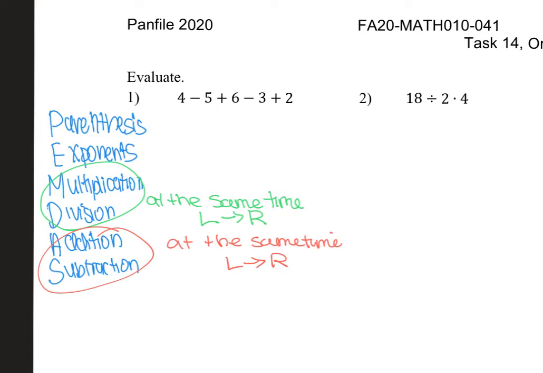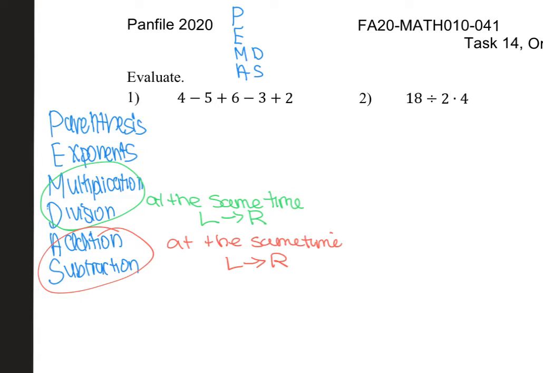So if you really want to use this mnemonic device or rely on it, you want to rely on it like this: the P and then the E, and then MD at the same time, and AS at the same time.